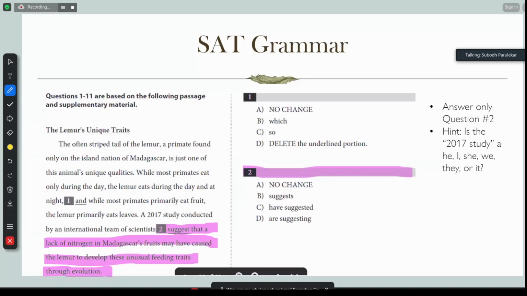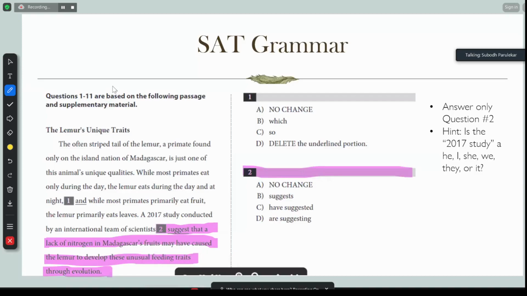Like right now, that is what the focus is on. And then are suggesting. For present tense, we are looking at having suggest with the S at the end. So that is option B.